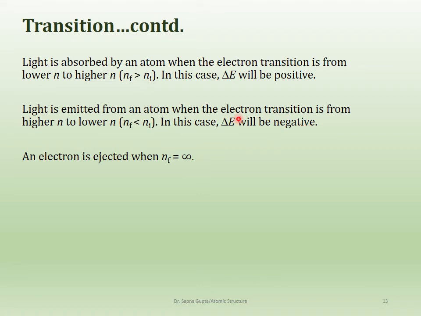In case light is absorbed, then delta E, which is the change in the energy, will be positive because energy is being absorbed. When light is emitted, the energy change delta E will be negative because now energy is being given out. And when the electron is ejected, then n final is infinity, because now the electron does not even belong in the shell anymore, or in the atom.